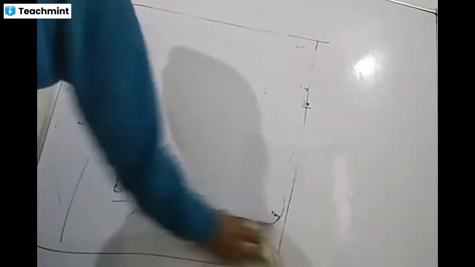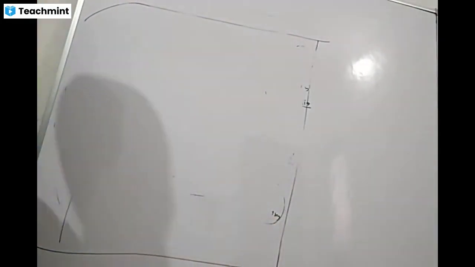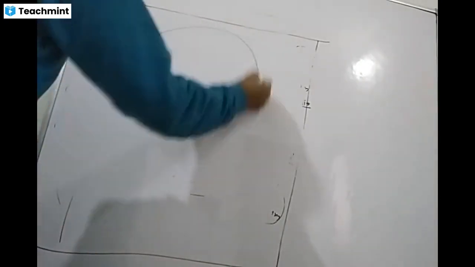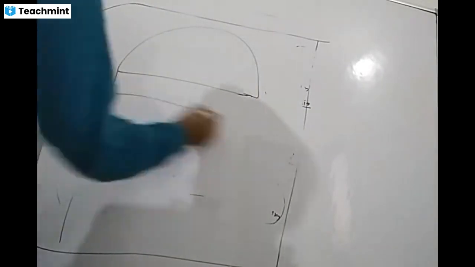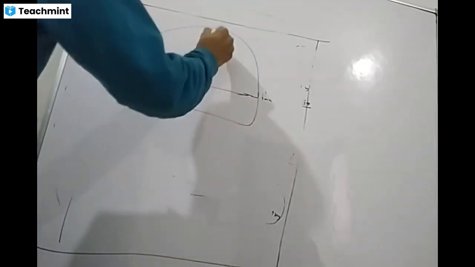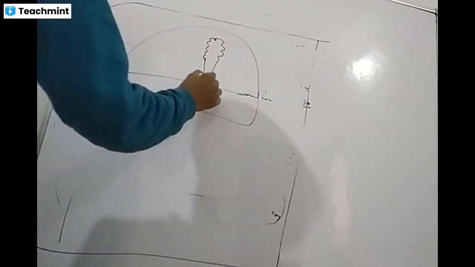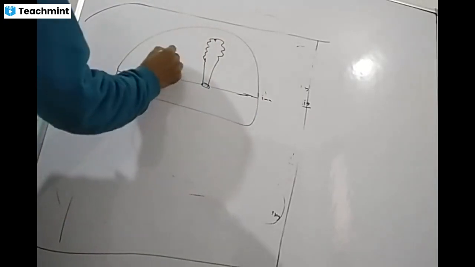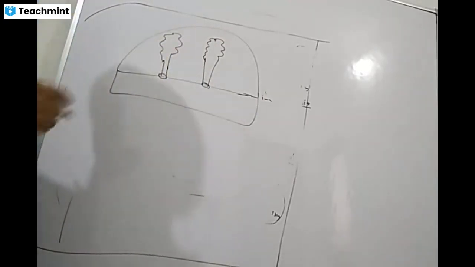So what happens in this case? This is the upper eyelid and inner margin. This is your meibomian or tarsal gland.